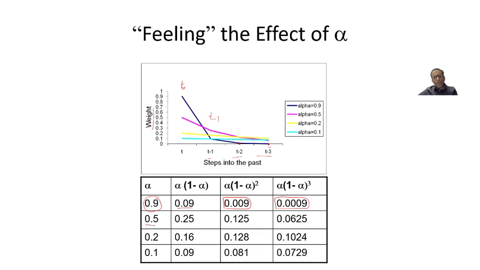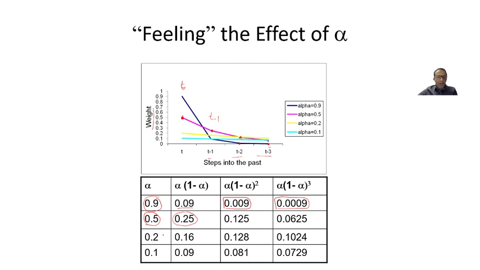If you decrease alpha to 0.5, then alpha times 1 minus alpha is 0.25. So we have 0.5, 0.25, then 0.12 or 12%, and then you give the next one 6%.